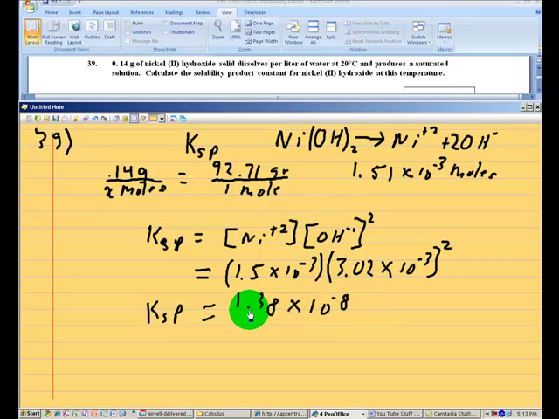Now what does that mean? That number is saying that you will have a dissociation of the nickel hydroxide, but it will not dissociate very well at all, because this number is extremely small. And it gives you an idea of what kind of dissolving you can expect.